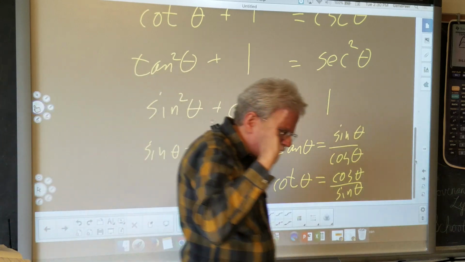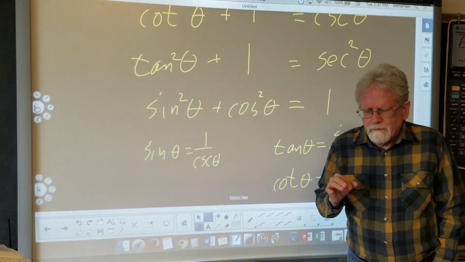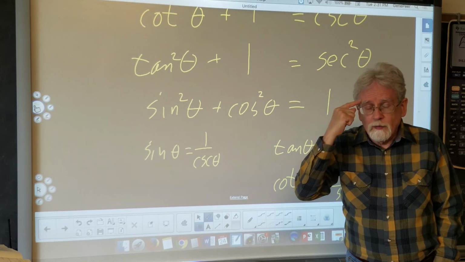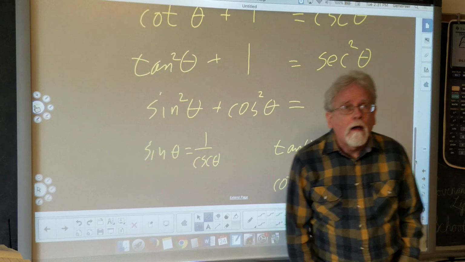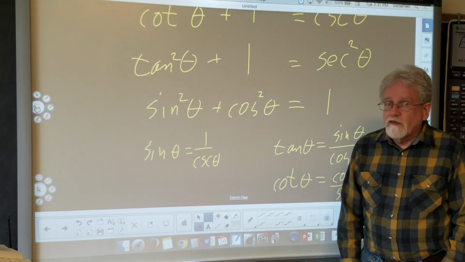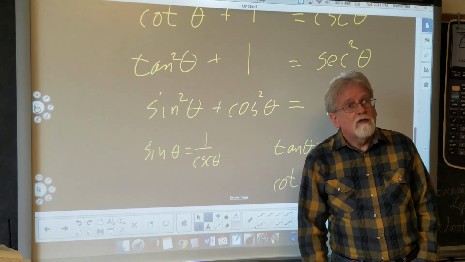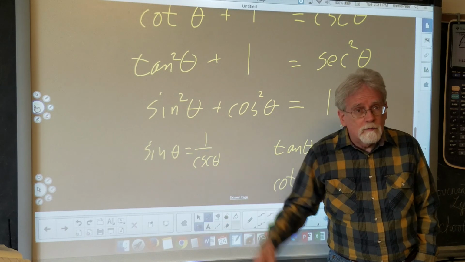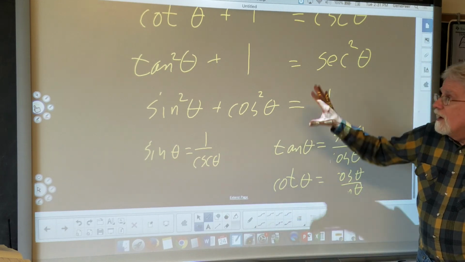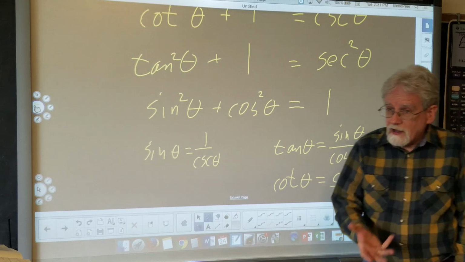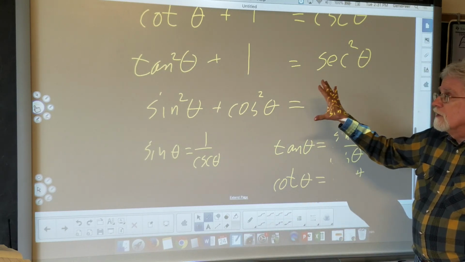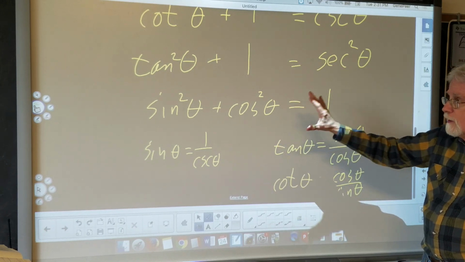You know, research has shown that if you actually write something down, you're going to remember it far, far better than if you just see it. If you just see it, it's in there for a few moments and then it's gone. But if you write it down, it gets embedded in the brain. So in other words, I would encourage you, I wish I could demand it of you, but I can't from afar. But I would strongly encourage you to actually write these things down, even though they're here for you.